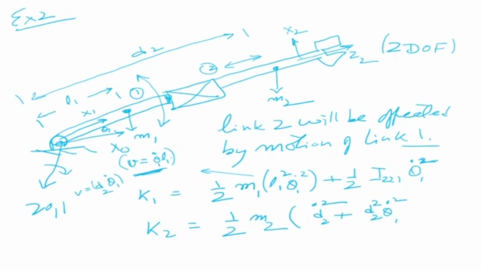So half mv squared, plus half Izz2 into theta 1 dot squared, because it is rotating. The rotation is because of the previous link, so it is theta 1 dot. Now links 1 and 2 have inertia tensors, which we talked about some time back.